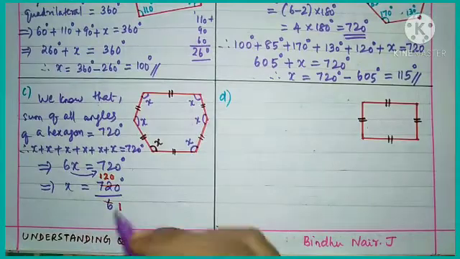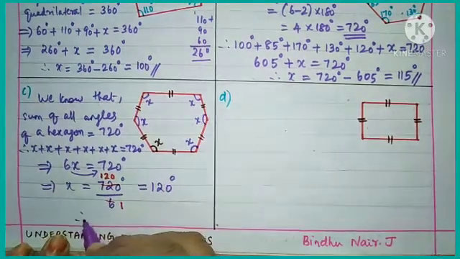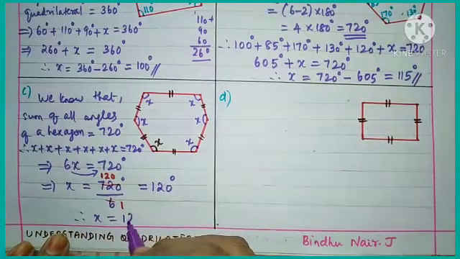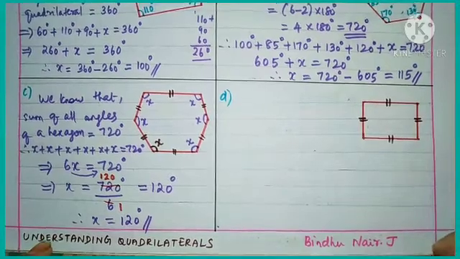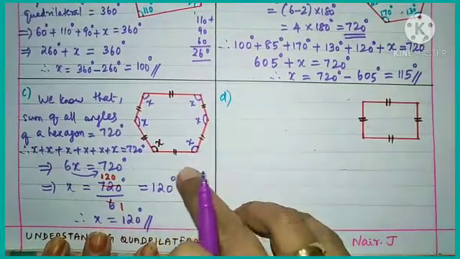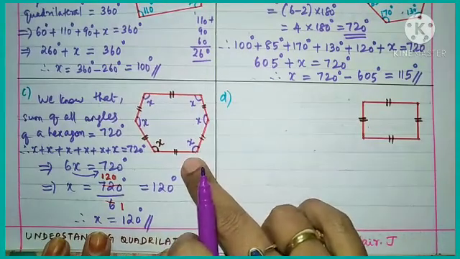Okay, so here the answer is 120 degrees. So therefore the unknown angle x is equal to 120 degrees. Okay, so that is the way to solve this type of problem. Whenever this symbol is given, you want to understand that they are equal sides.